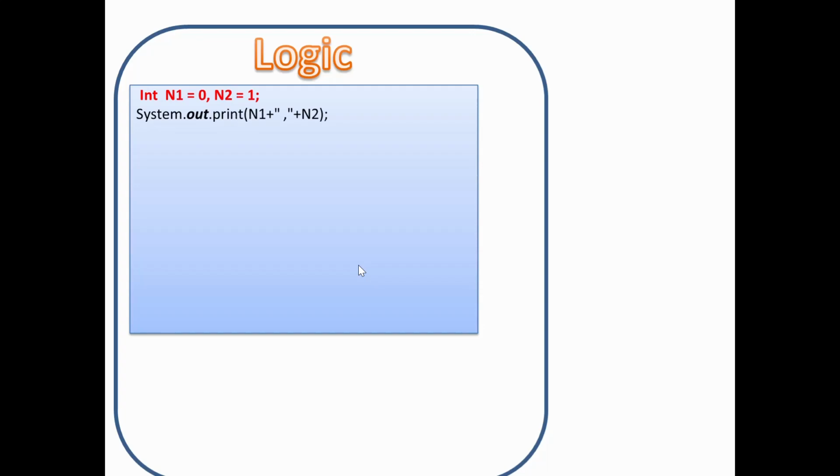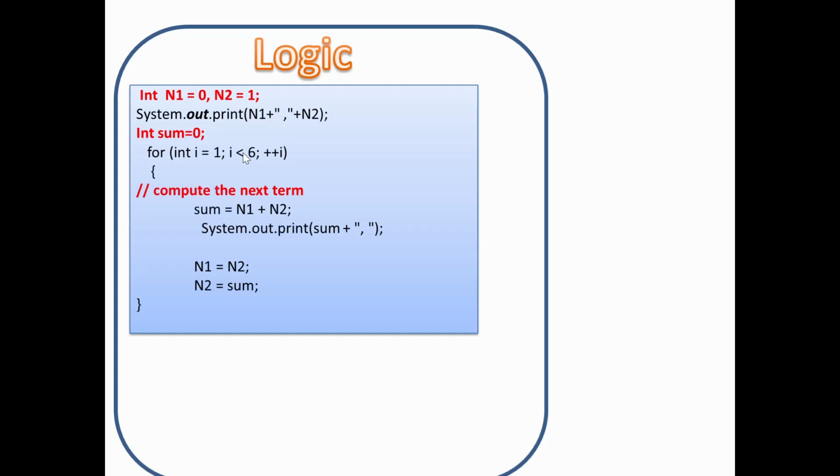After that, I will take one more variable, sum equal to 0. This sum is used to hold whatever values I have calculated, so I need to put them in some variable.